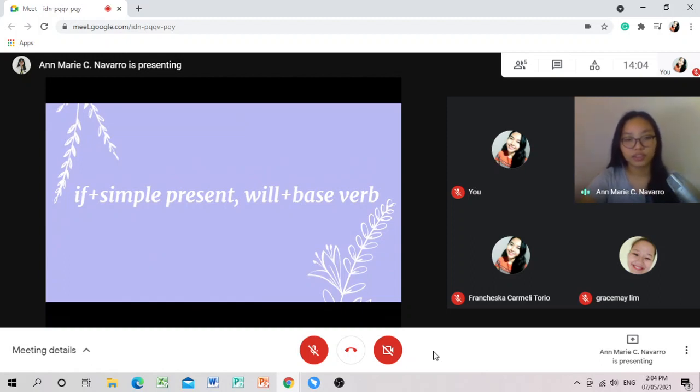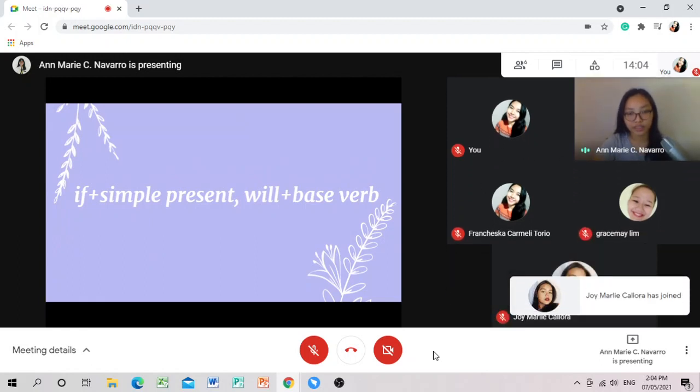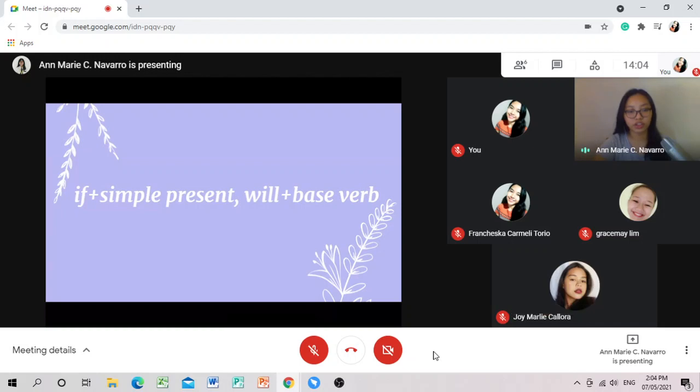So you can see it is the basic form of writing first conditional sentences. The first conditional is used to talk about things that might happen in the future.